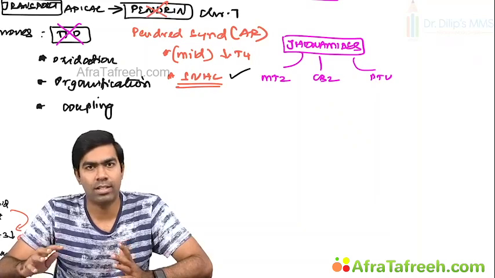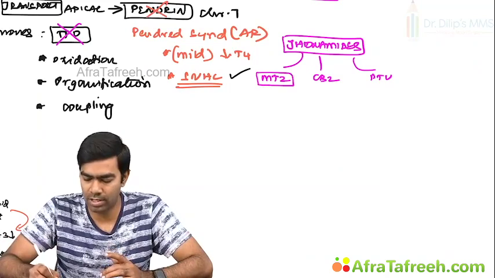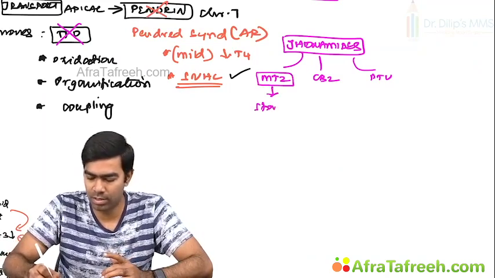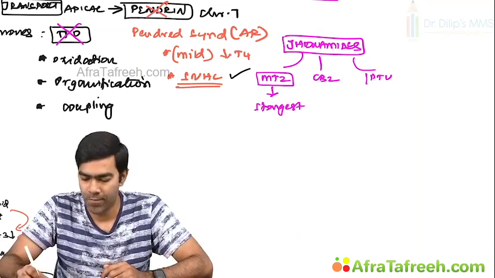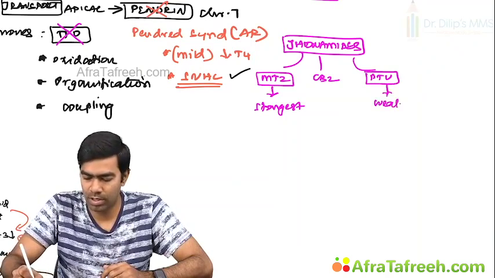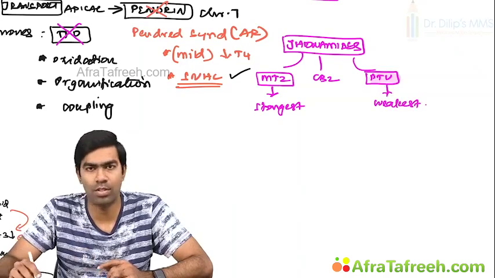Even though we are going to dissect the thionamides extensively in the Graves' disease section, right now understand that methimazole remains the most potent, strongest antithyroid drug ever discovered. And propylthiouracil is the weakest thionamide. Clear? It is not strong at all because the propylthiouracil dose is usually in grams. You have to give a very high dose.